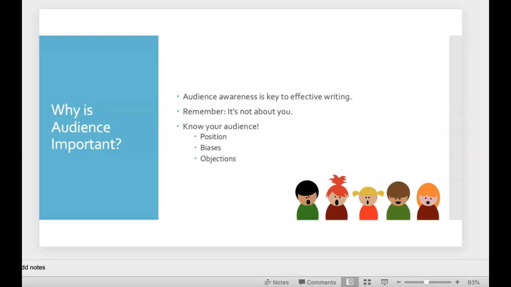If you're not being mindful of who you're writing to or for, you're going to overlook what their biases might be, what their positions are, what their objections will be. And when you've overlooked those details, you've lost your audience. And your writing cannot be effective if you don't know your audience. So it's super important that we know who our audience is and that we are operating with that in mind.